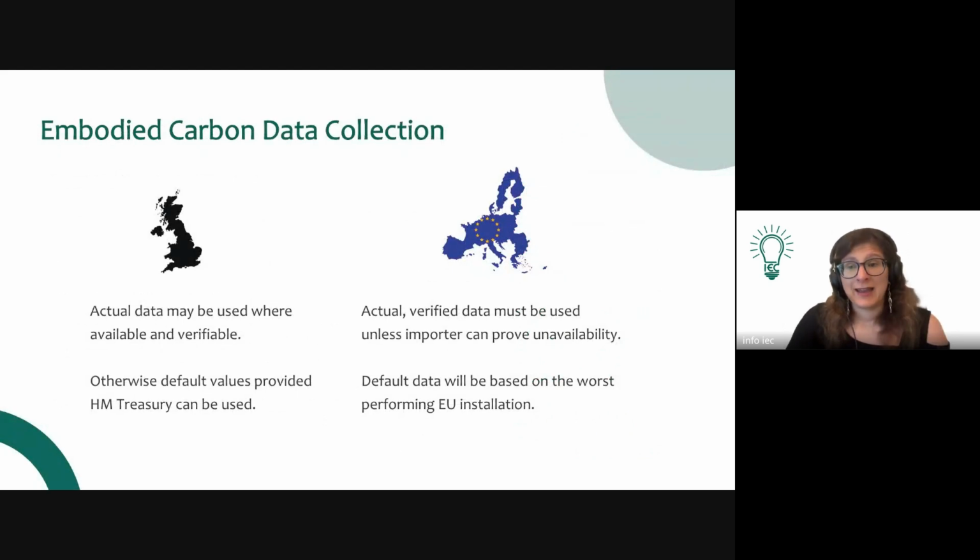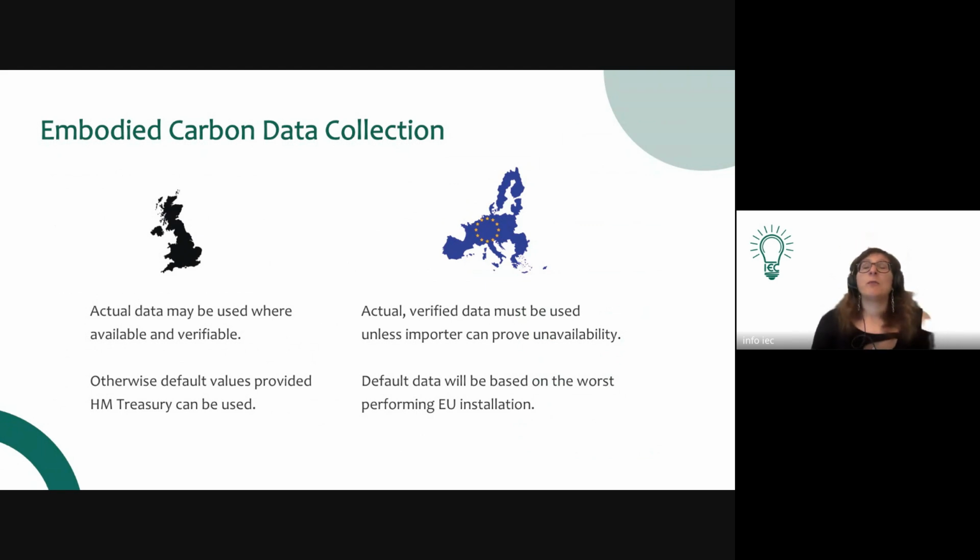The way that the two regimes are asking for data collection is slightly different. So as I've mentioned before, the UK refers to embodied carbon and the EU to embedded carbon, but they're very, very similar concepts. In the UK, actual data is completely fine to use if available and verifiable, but otherwise importers are encouraged to use default values that are provided by the Treasury, and they'll be updated by the Treasury.